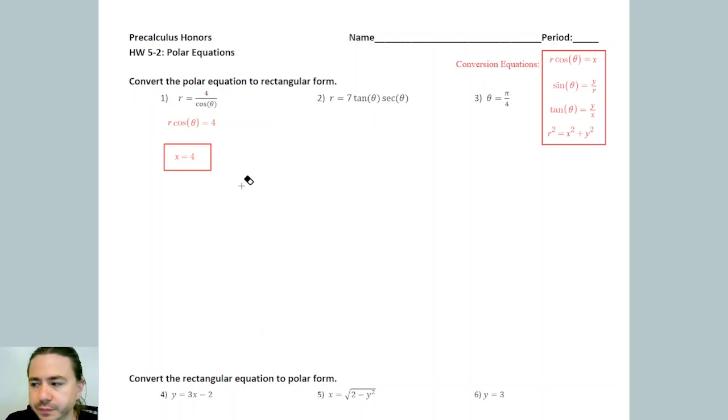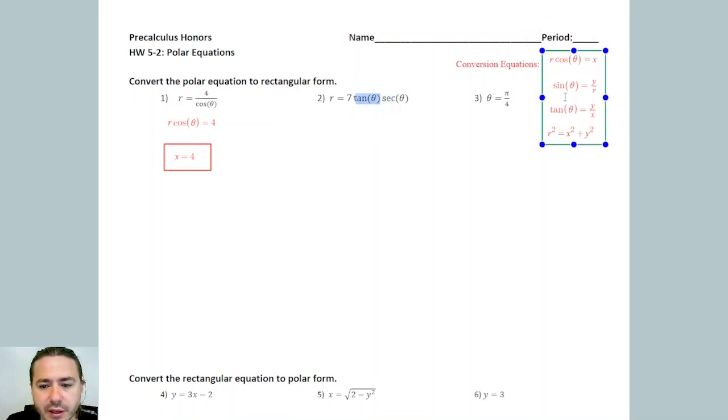Number two looks like, let's see what we got here. We've got 7 tangent theta times secant theta. Looks like we're going to have to use one of our identities here. And we're going to rewrite secant of theta as 1 over cosine theta so that we can move it over to the left-hand side, and then we'll get our r cosine theta that we can rewrite as x.